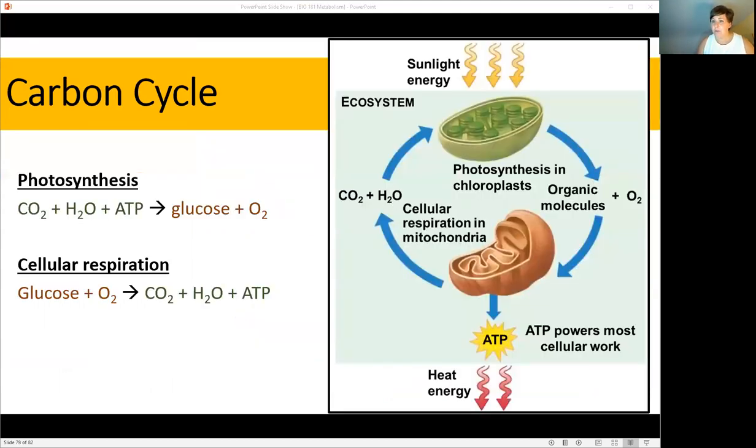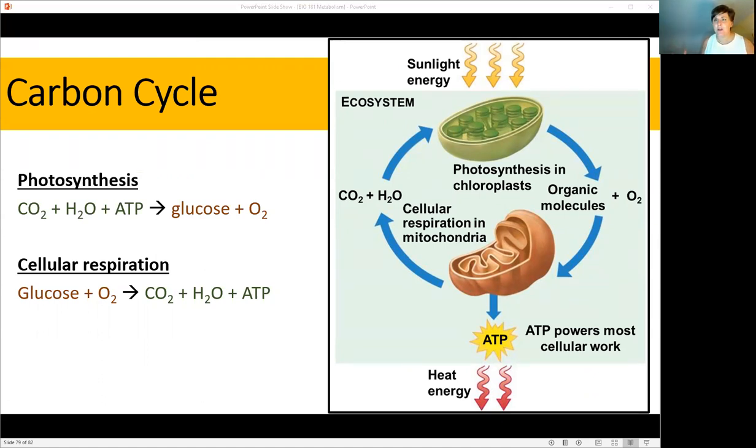Another important pathway that interacts with cellular respiration is photosynthesis. Collectively, photosynthesis and cellular respiration aid greatly in the environmental carbon cycle. Much of the environmental carbon originates as inorganic carbon in the form of carbon dioxide.